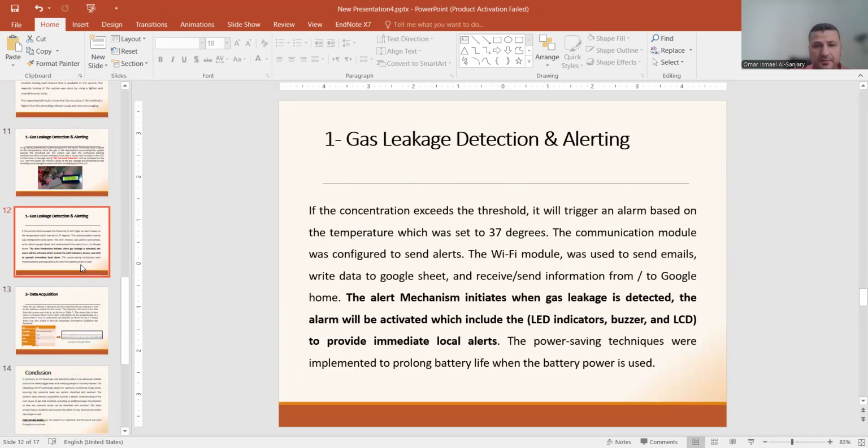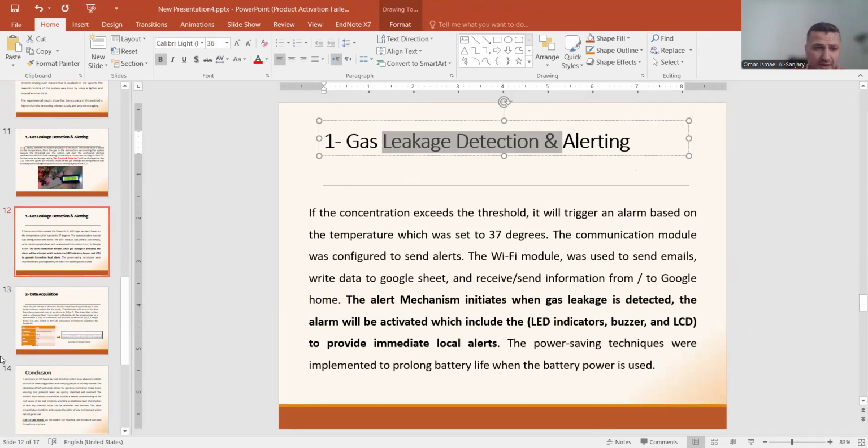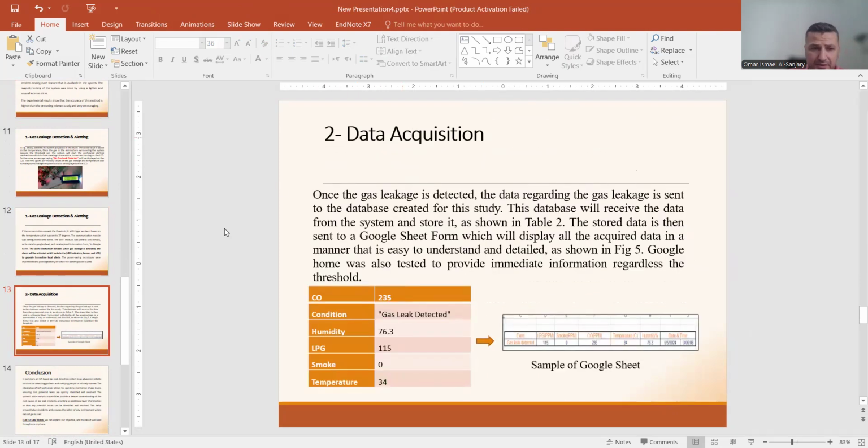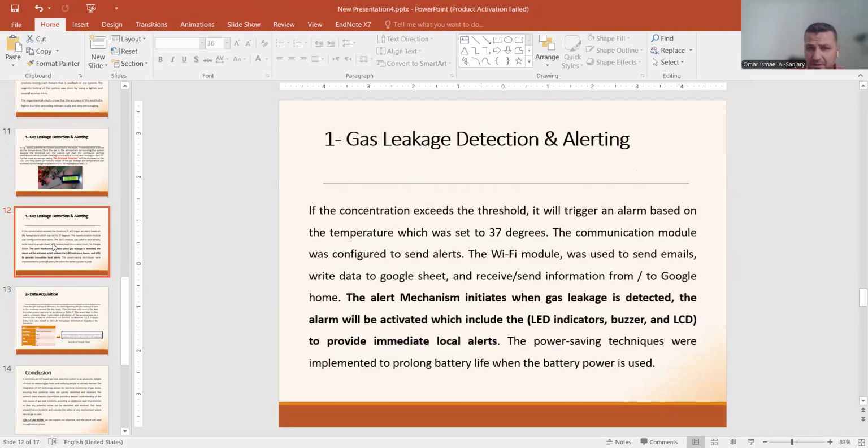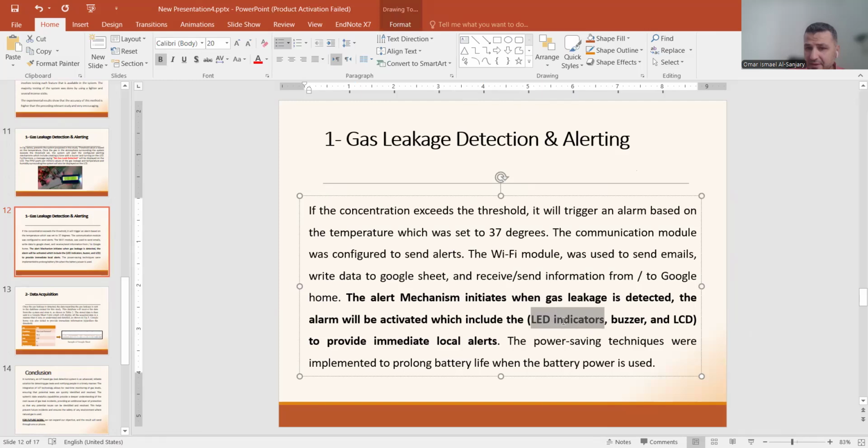We have two types of results: gas leakage detection alerting and data acquisition. In gas leakage detection, we have the physical phase, which contains the LED indicators, buzzer, and LCD.